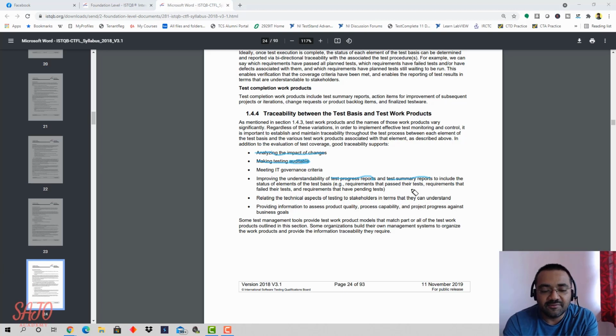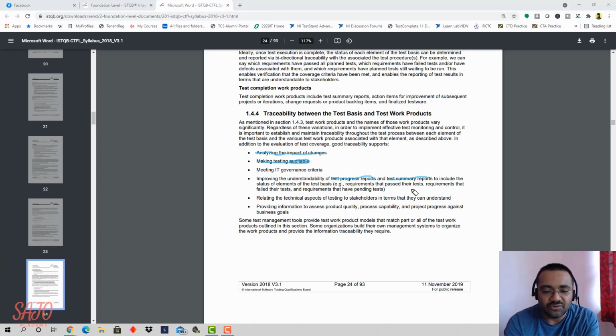Instead of that you can say, okay, you gave me 25 requirements. Out of these I could test 22 requirements, and out of these 22 requirements, 20 requirements pass. And you can list down the two requirements which fail and the three requirements which you could not test because of testability issues.